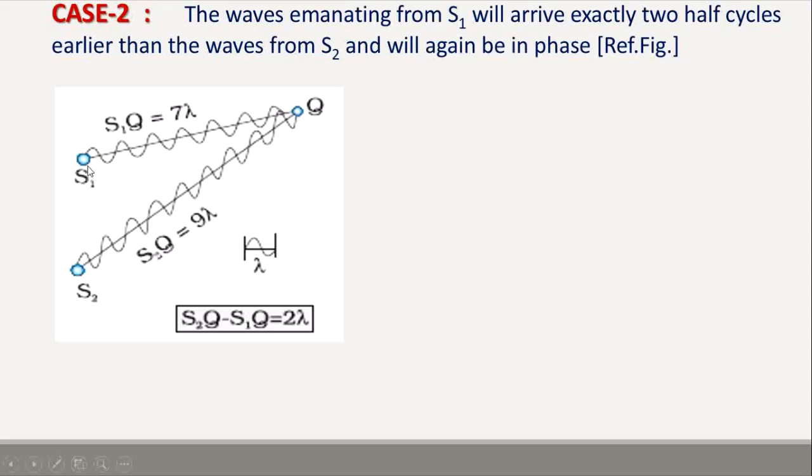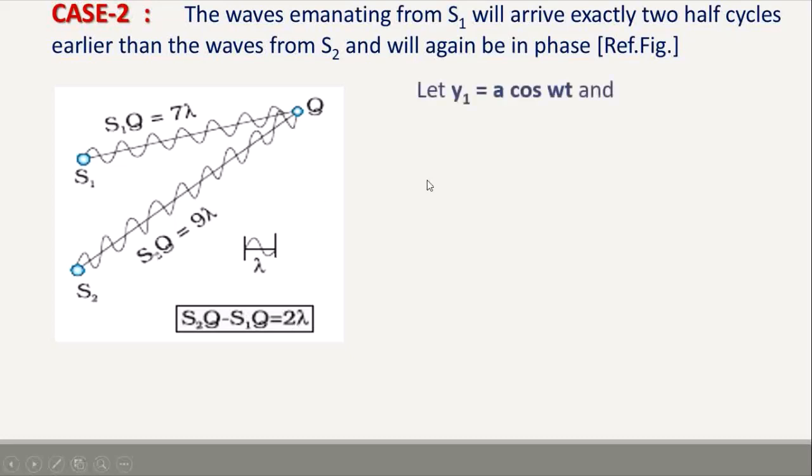The wave emitted by S1 reaches Q in 7 cycles, that is why I have taken 7 lambda. And the wave emitted by S2 reaches the point Q in 9 cycles, so I have taken 9 lambda. The difference between these two is 2 lambda, which is the path difference. S2Q minus S1Q is equal to 2 lambda.